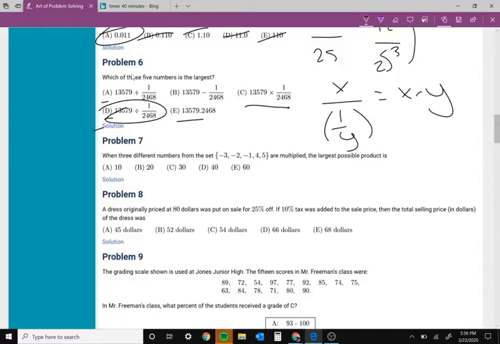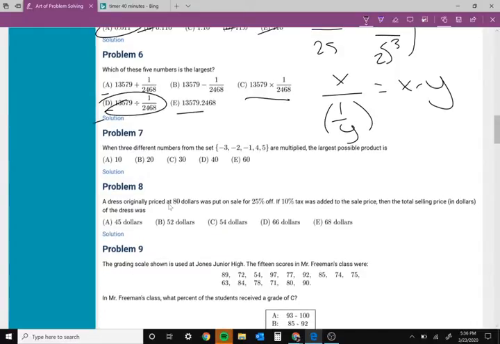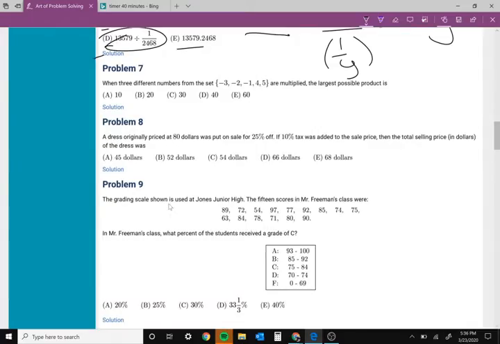When 3 different numbers are multiplied from the set, the largest possible product is, oh boy, what are the largest 3 numbers? 5, 4, -1. But that gets us a negative number. If we multiply 2 negatives, then we'll get a bigger number. The two most extreme negatives are -3 and -2, and then multiply those by 5, right?